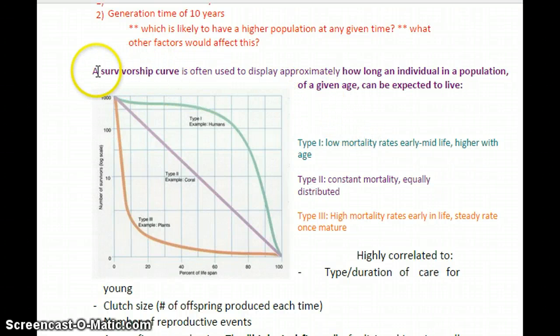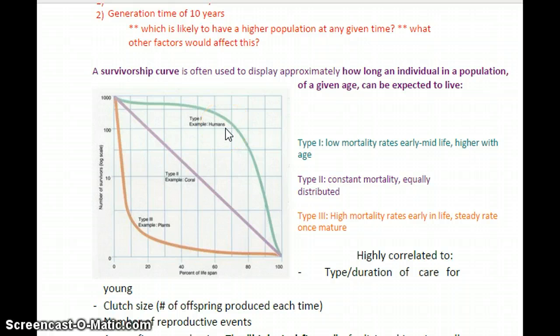And scientists can also use what's called a survivorship curve. So it's used to display about how long an individual and population of a given age can be expected to live. And so we see three different types here. Type 1 is where you have a low mortality rate earlier to midlife, but higher with age. And an example here would be us.